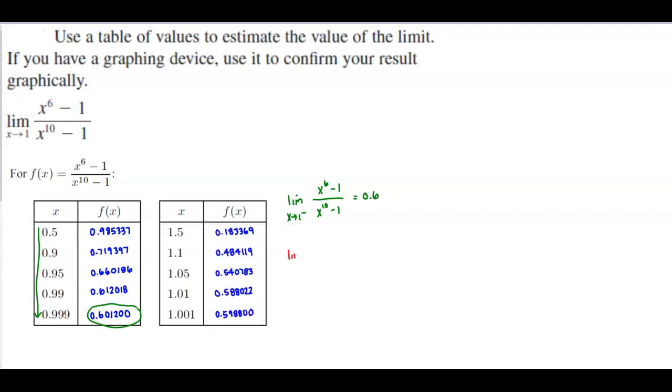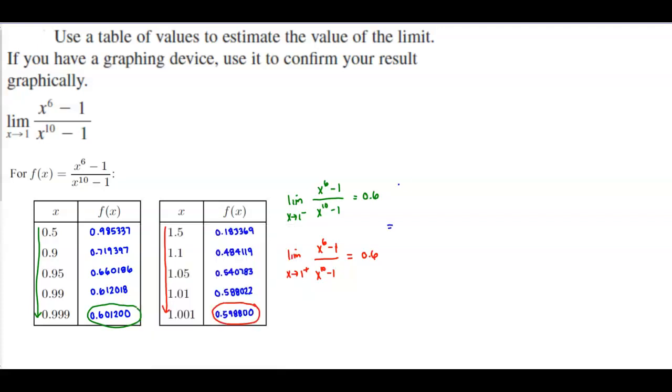And as x is approaching 1 from the right, we can see that it's also approaching 0.6.